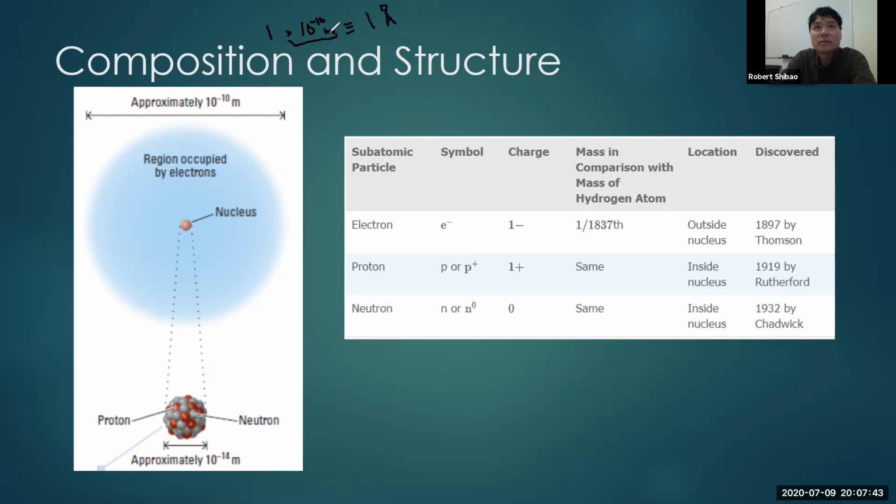An angstrom is 10 to the minus 10 meters, so this is approximately 1 angstrom here. And so atoms range from about 1 to 6 angstroms.